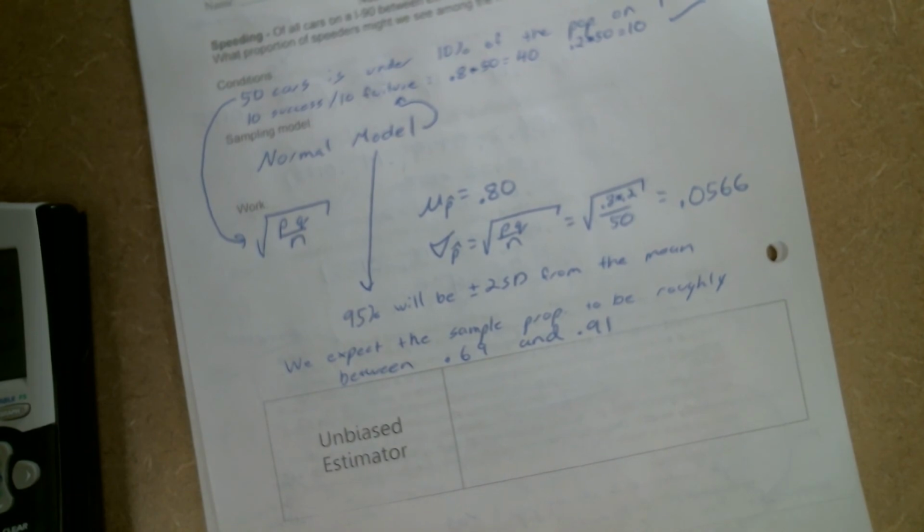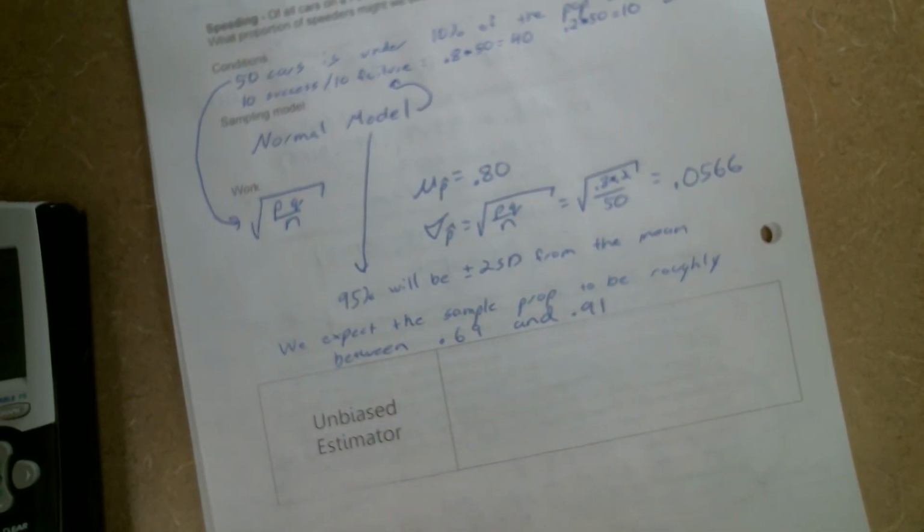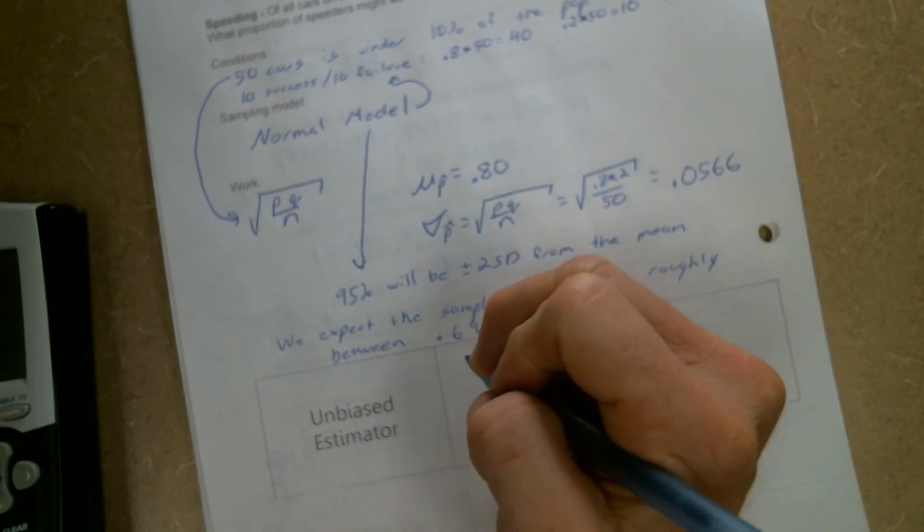Now, one last definition, and then we'll end this unusually long notes video. So sorry about that. An unbiased estimator. That's what we've been using. But what does it mean to be an unbiased estimator?